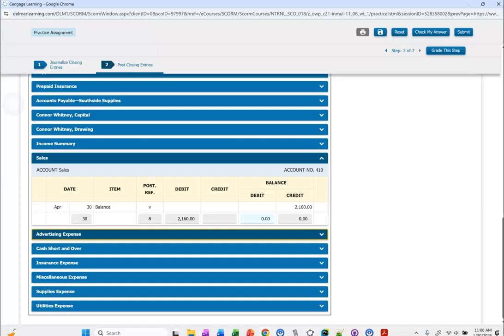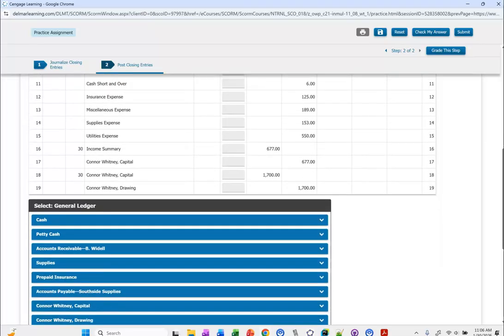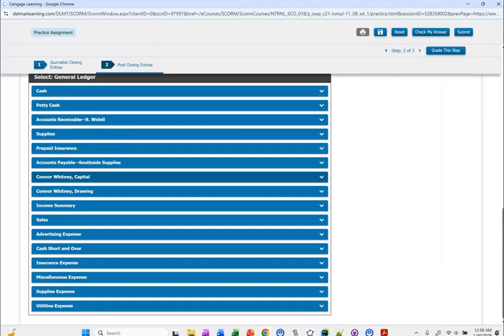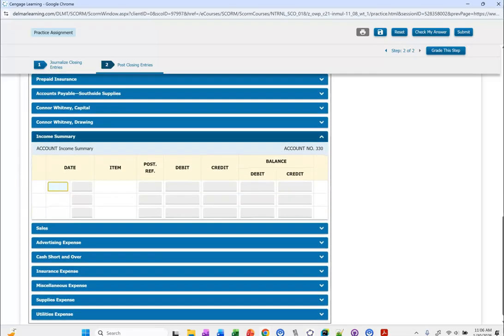All right, the next one is income summary, and that happens in 3 places, right? So we're going to have 3 entries in our ledger. So let's find the account for income summary. There you are. So I think this is April. Was that the month we were in? Yep. Okay.